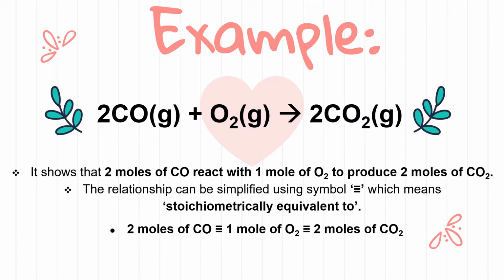Okay, that means 2 mole of CO is stoichiometrically equivalent to 1 mole of O2 and stoichiometrically equivalent to 2 mole of CO2, or 2 mole of carbon monoxide will react with 1 mole of oxygen to produce 2 mole of carbon dioxide.